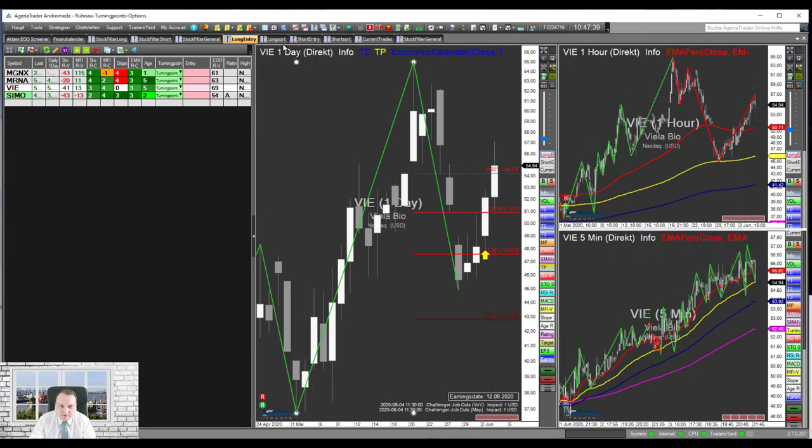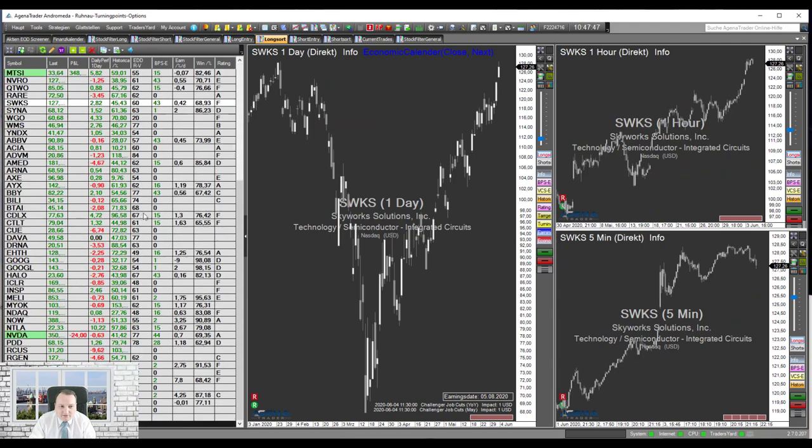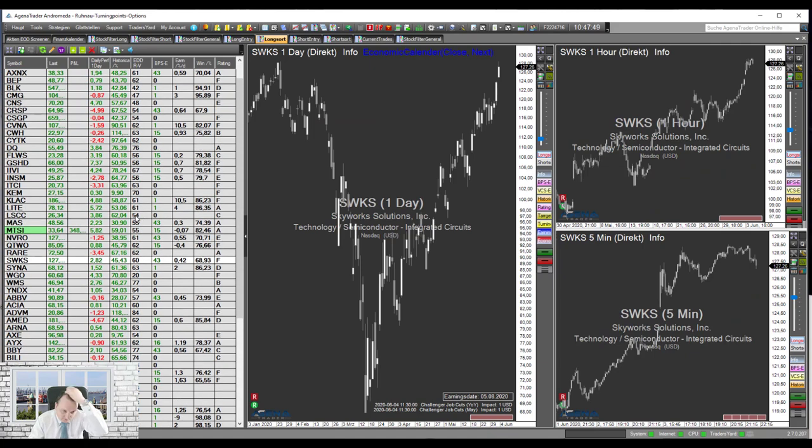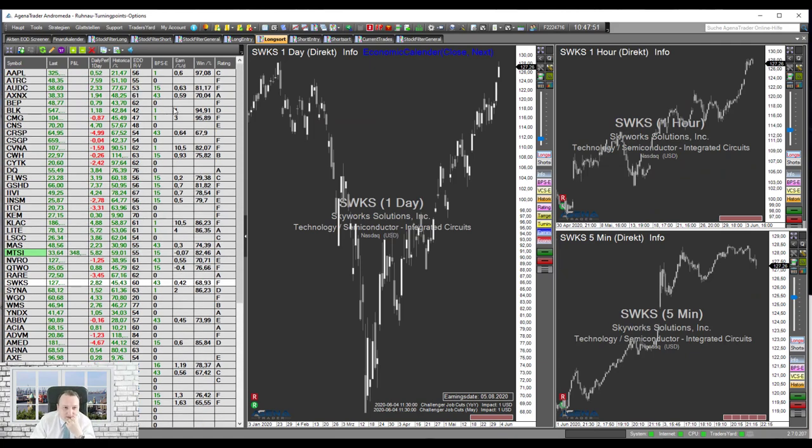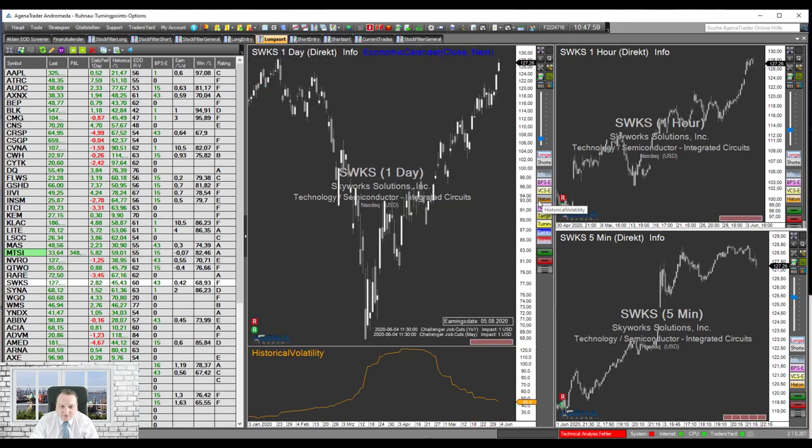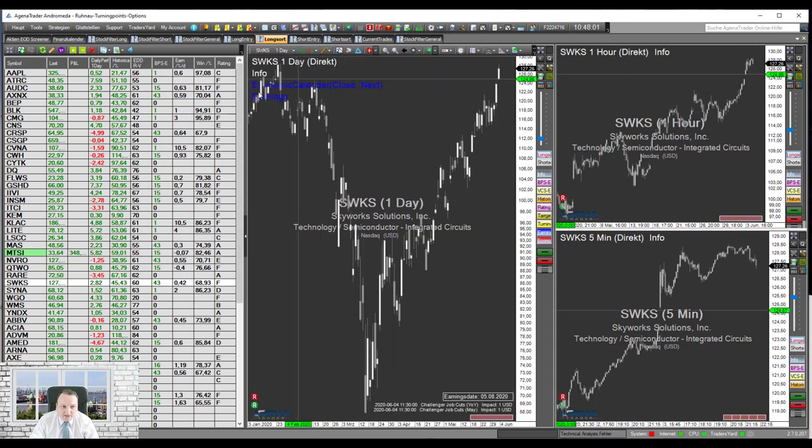For the long sort list, you also see there are ratings here. And the long sort list is mainly for the options trader. So you always have the historic volatility, and there are some adjustments.